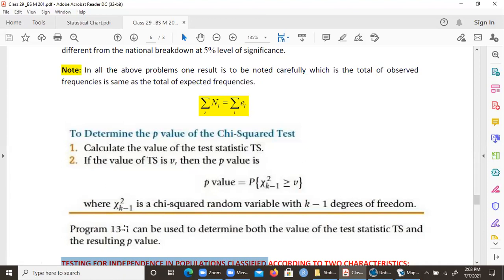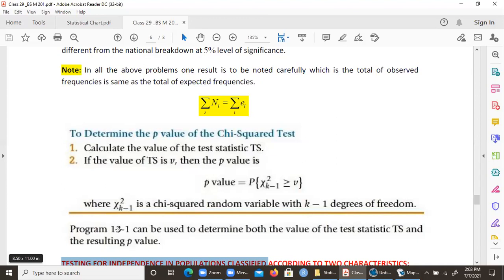Rather, what they used in their case is the software called Minitab. So they are talking about the program written in Minitab. Program 31 corresponds to the program 13.1 of Minitab, not of Maple. Maple, which I have shown you just now, is different.